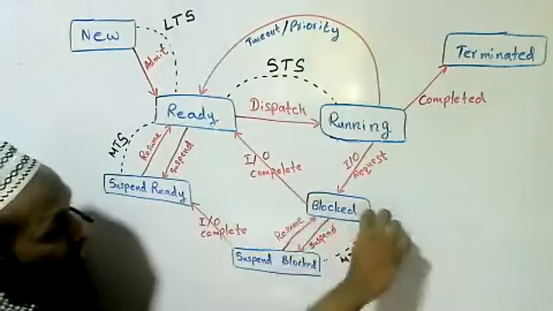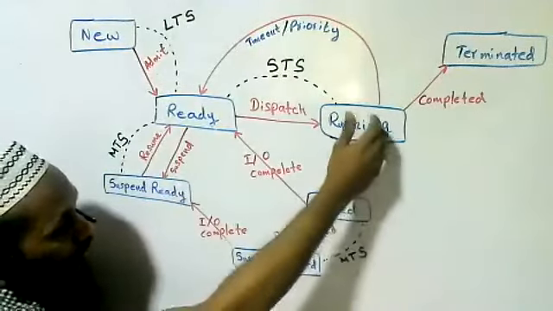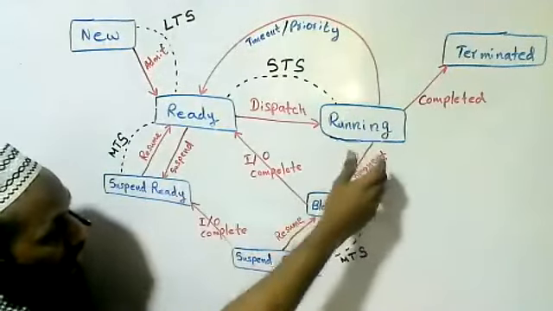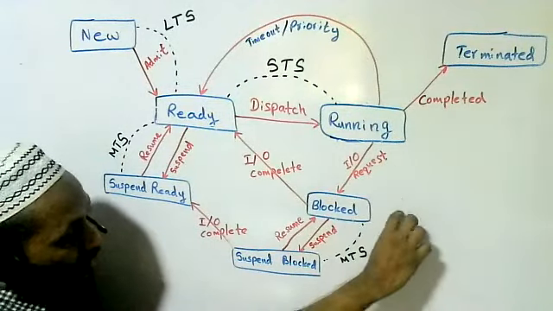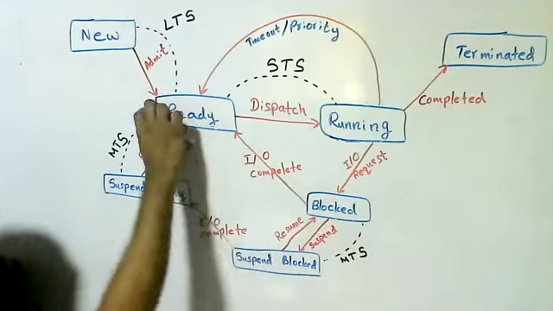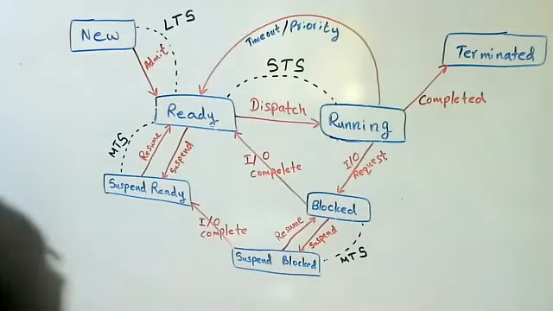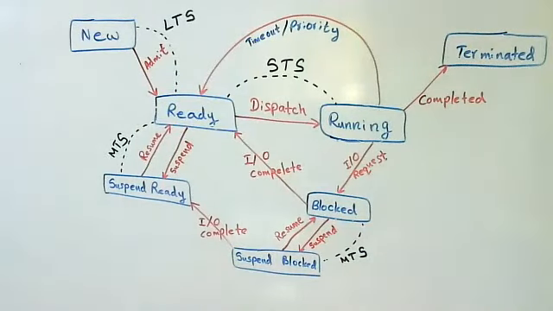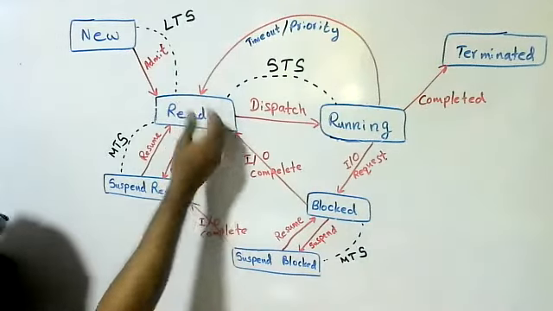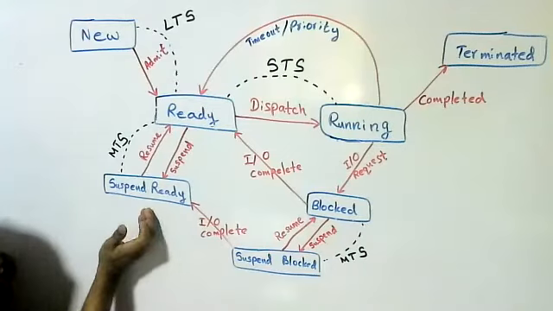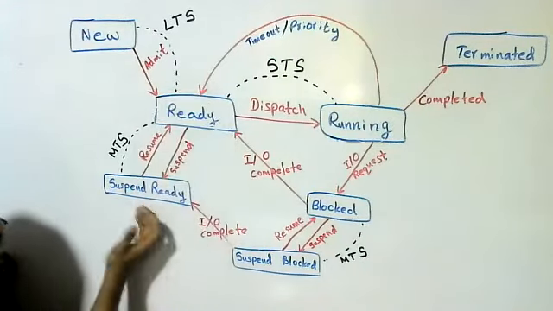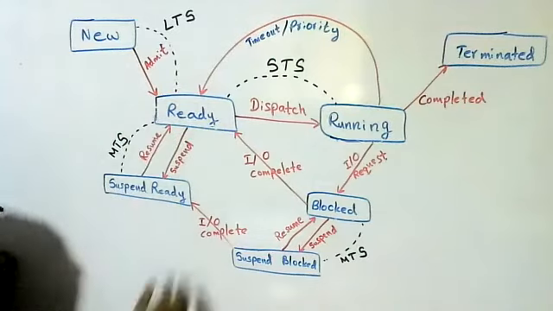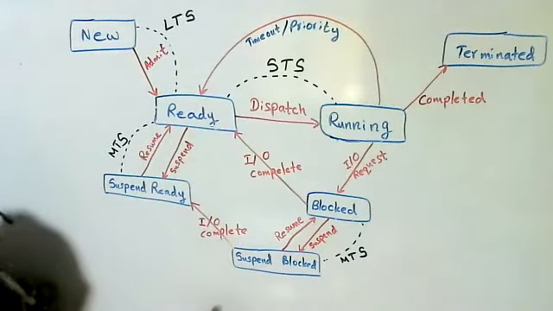That means processes may come to IO. If a process needs an IO request, it comes to block state. There may be several processes in block state, or several processes in ready state. If there is a lack of space in main memory, the processes move to suspend ready. And if space is available, those suspend ready processes resume to the ready state.